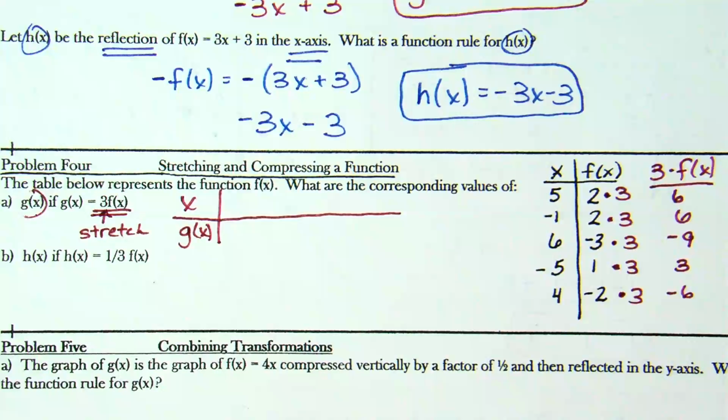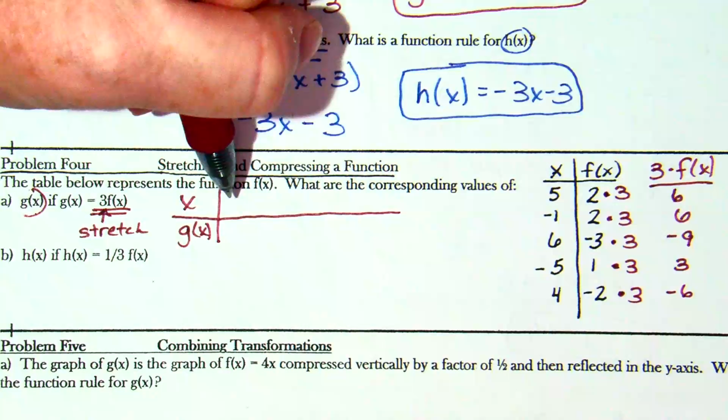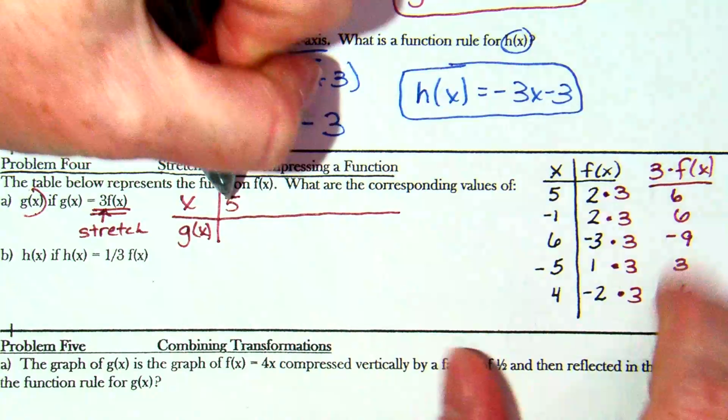What are my x values? They're the same, yes? So earlier it was 5, 2. Now, for this g of x, it's going to be 5, 6. It was negative 1, 2. Now it's negative 1, 6.